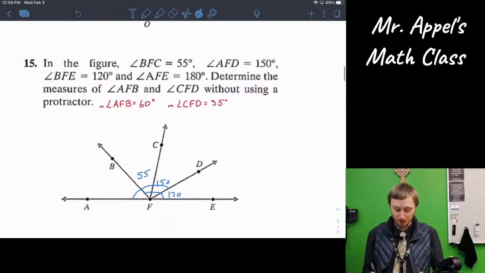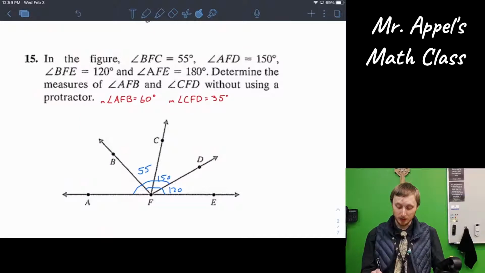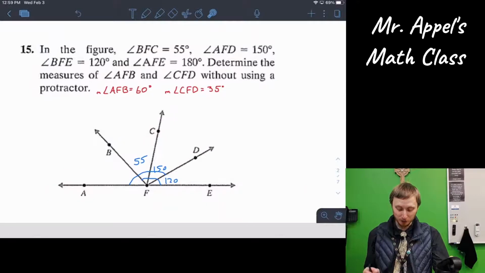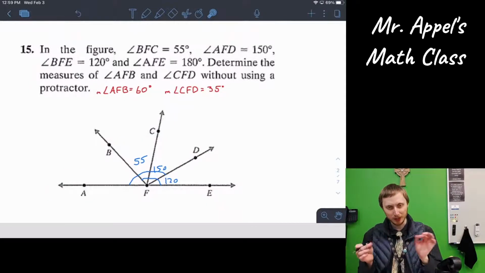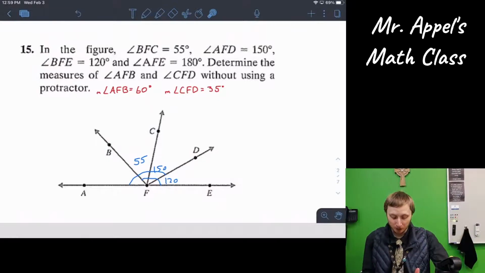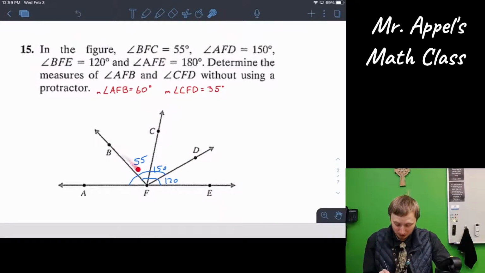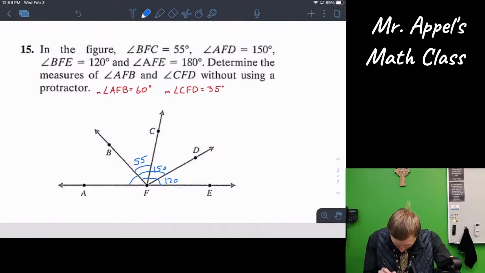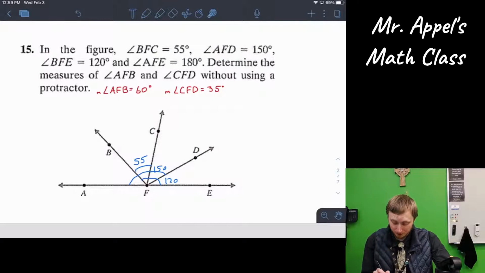For number 15, here now we've got the finding of angle measures. Determine the measure of these angles without a protractor. So you're not literally measuring it, you're going to calculate it. So we know BFC, that's this guy here. Let me add one more arc there to make that clear, right? This is 55, okay?